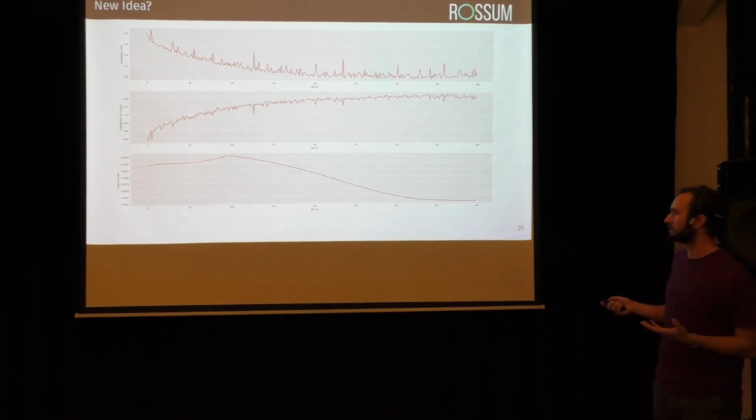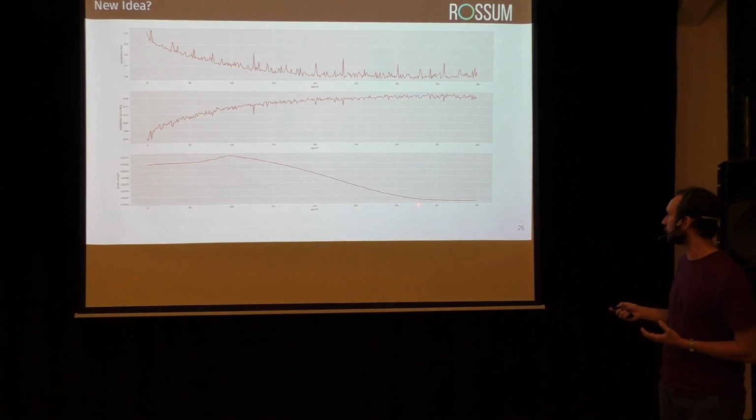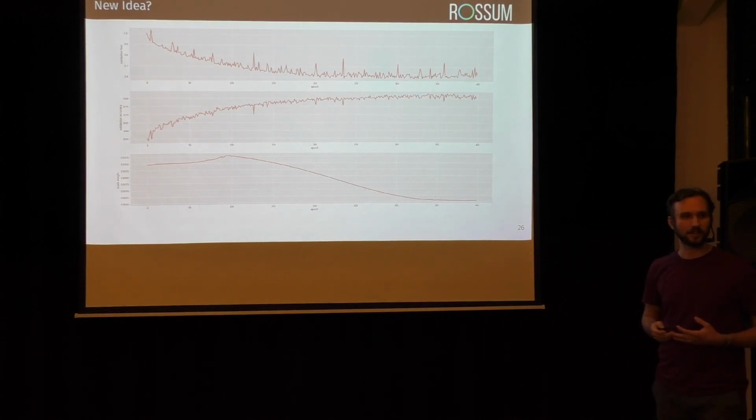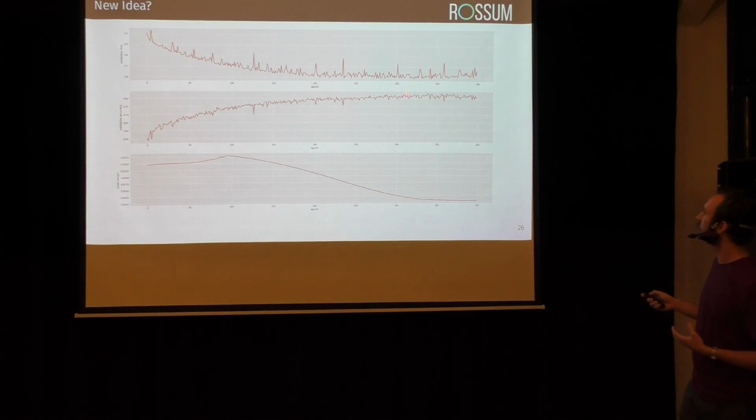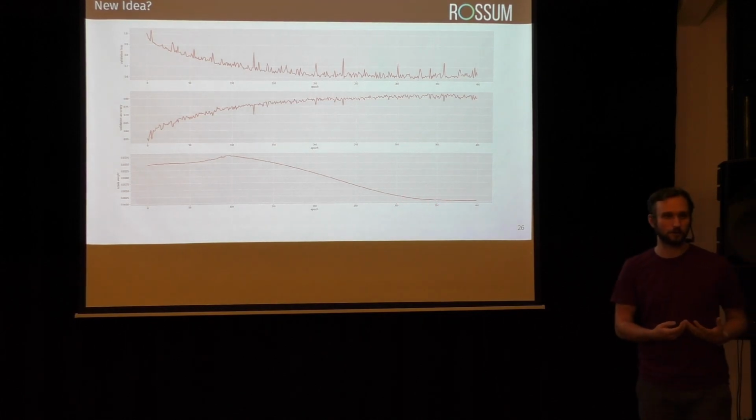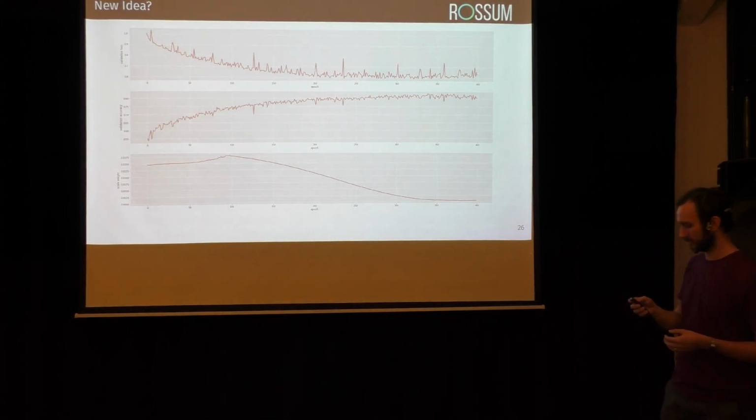But alternatively, in this case, you could wait until your scale weight approaches 0 and then stop your training. And you can see here that the validation loss doesn't improve anymore exactly in the regions where the scale weight is approaching 0.